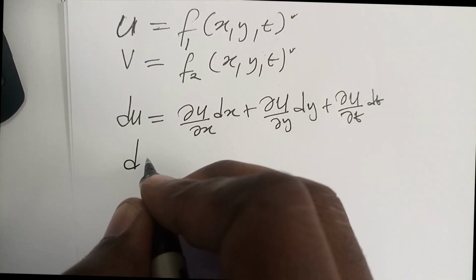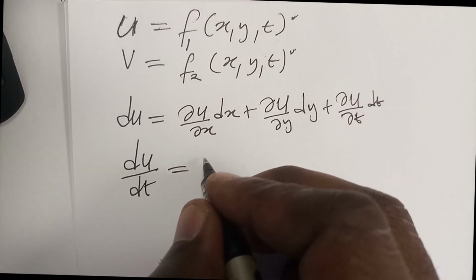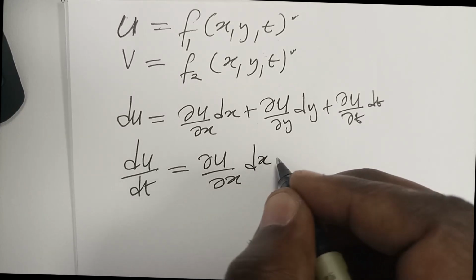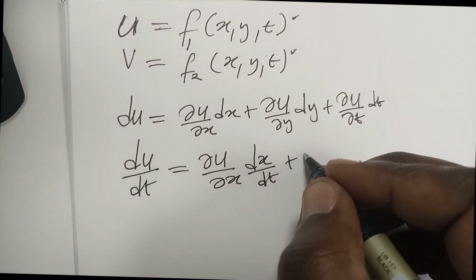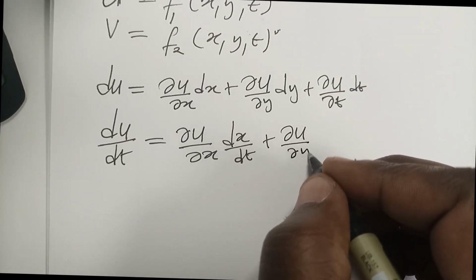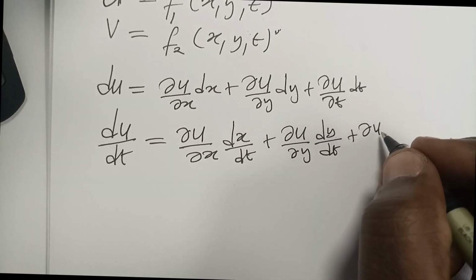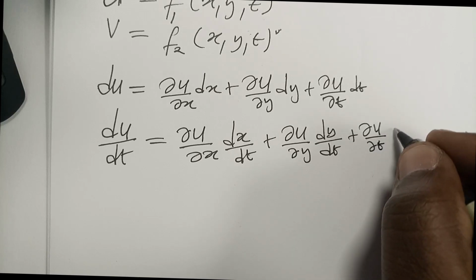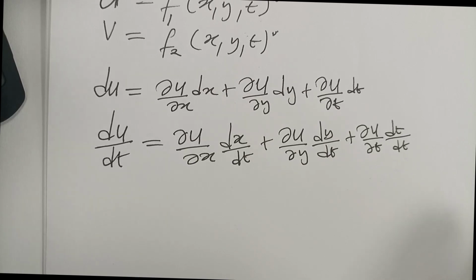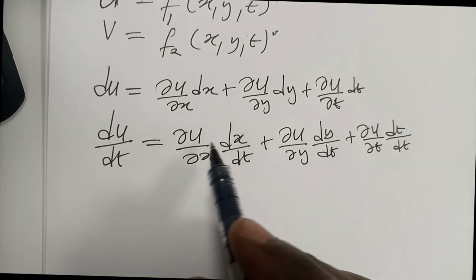So you're going to have du over dt be equal to the partial derivative of u with respect to x, dx over dt, plus u_y dy over dt, plus u_t dt over dt. And then we're going to write this dx/dt, dy/dt in front of the partial derivatives.